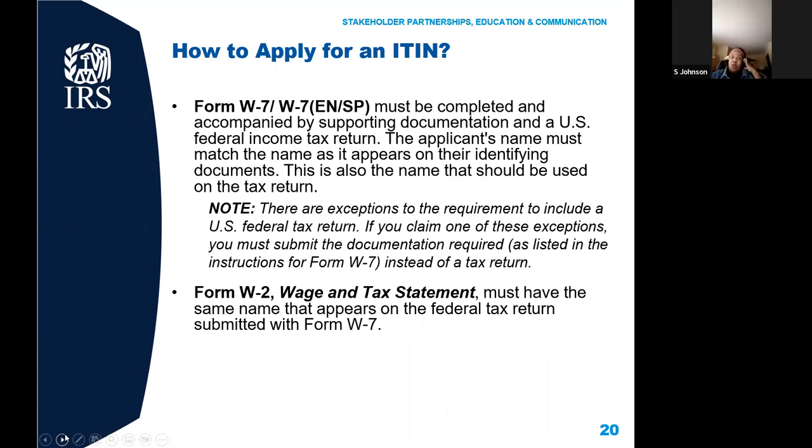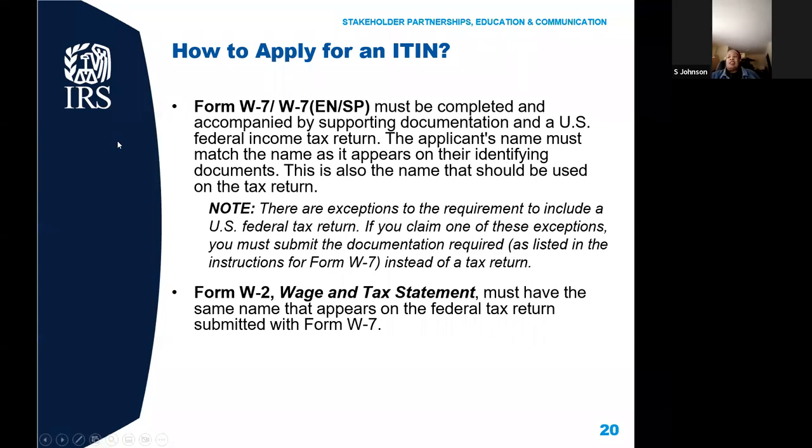The one that Nora talked about, the bank account, we don't want a tax return. There are other things that we need from them there. The applicant's name must match the name as it appears on their identifying documents. This is also the name that should be used on the tax return. Sometimes I jump ahead, please forgive me.